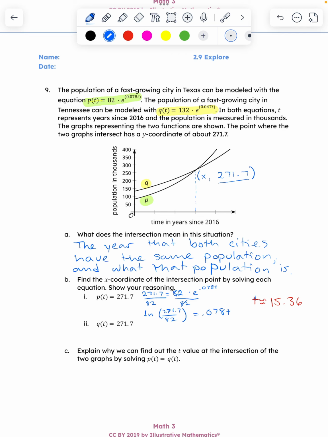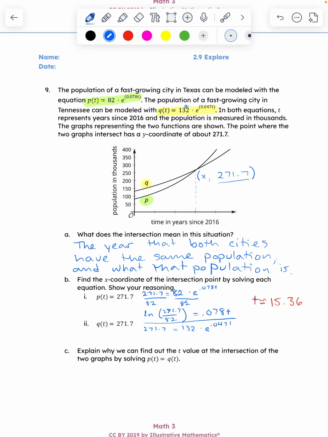I'm again going to set it up, drawing myself a little line between them: 271.7 equals, now with my second equation, 132 times e to the 0.047t.